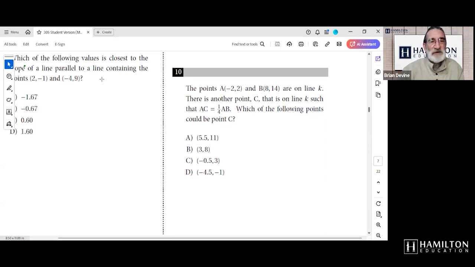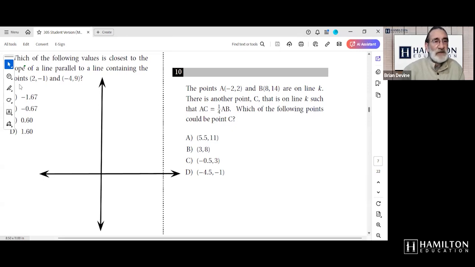So I'm going to draw an XY coordinate system here. And I'm going to label the points. Here's -2, 2. Here's 8, 14. Try to be as accurate as possible.